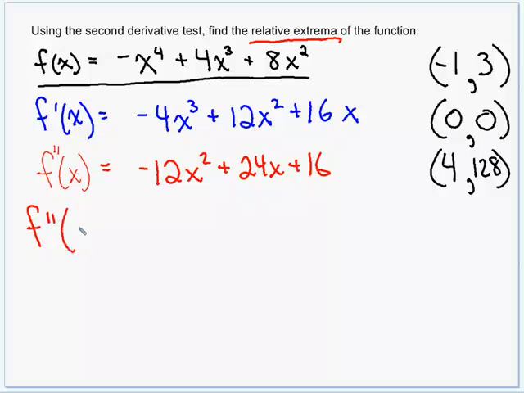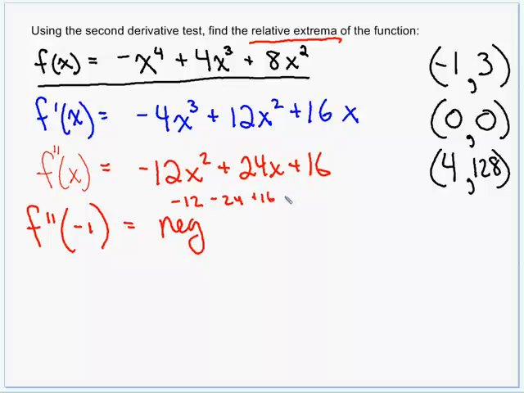So f double prime of negative 1. When we plug negative 1 into the second derivative, we get a negative output. A negative 1 here squared would be positive 1 times negative 12, so that'd be negative 12. Plus 24 times negative 1 would be negative 24, so that takes us to negative 36.